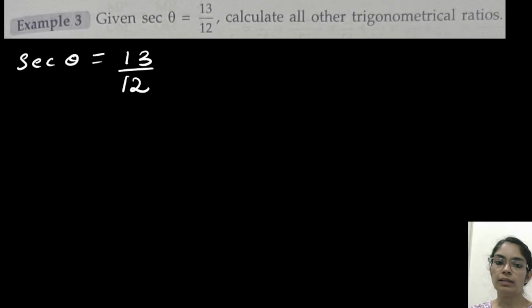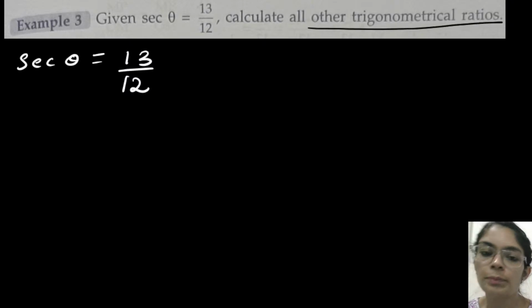Let's do the next question now. In the previous questions figures were given to us, but in this question the figure is not given. Secant theta is equal to 13 by 12. This is given to us and we have to find all other trigonometric ratios.